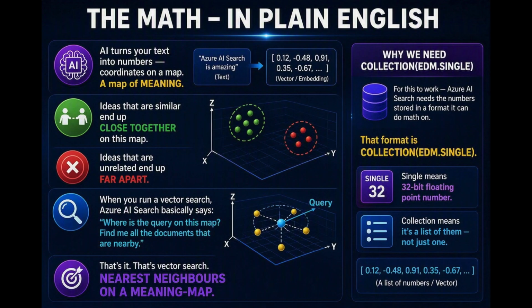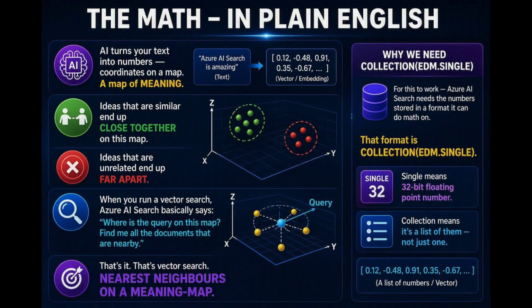Let me take just 30 seconds to explain the math. When the AI model converts your text into numbers, those numbers are like coordinates on a map of meaning. Ideas that are similar end up closer together on this map. Ideas that are unrelated end up far apart. When you run a vector search, Azure AI Search basically says, where is the query on this map?